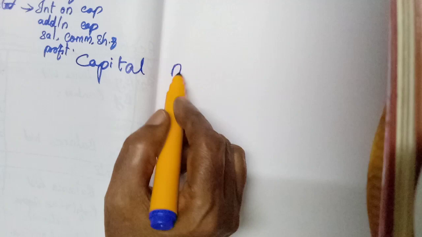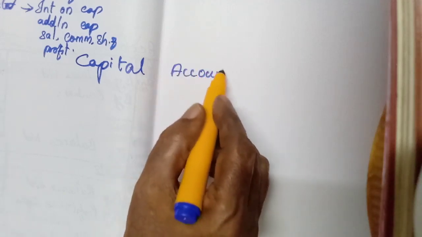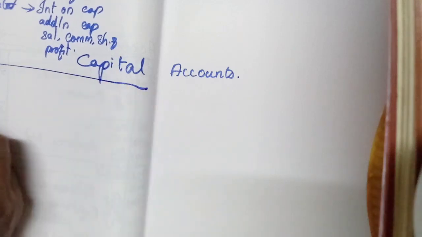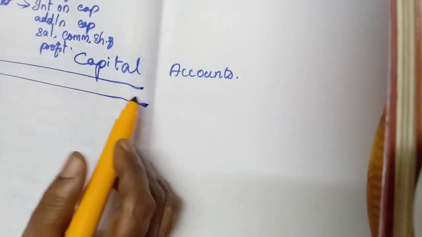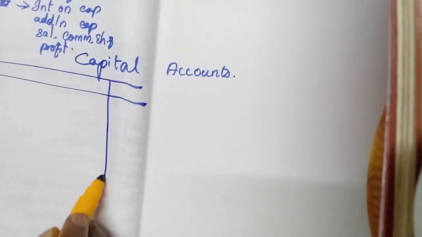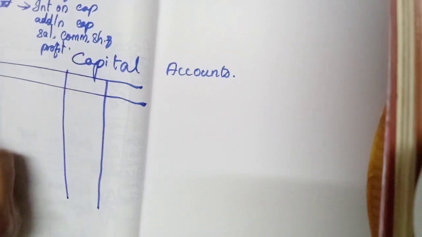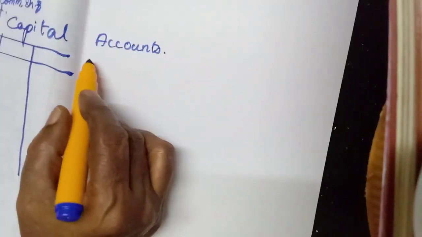Capital accounts. First you should write the number, 4. Capital accounts. Here, two amount columns we have to draw. 1, 2. Then for the date, 3 columns.